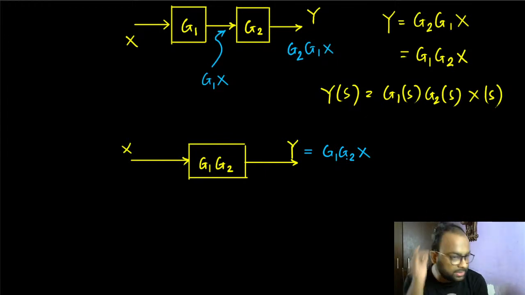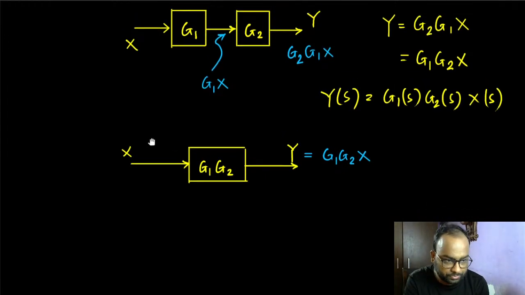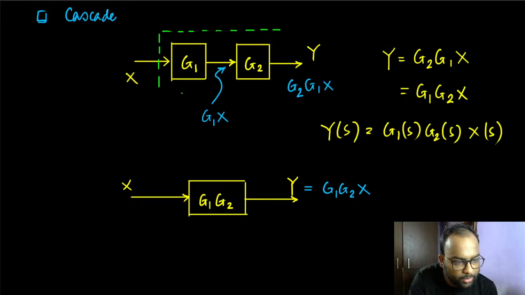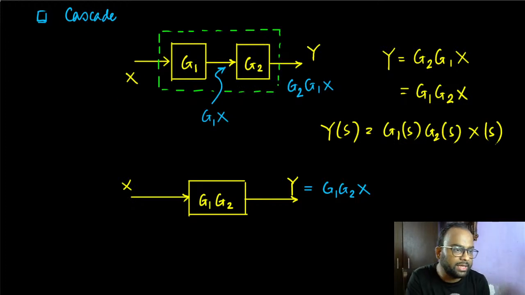And you see that since we are using a black box approach everywhere, we are only interested in the whole thing. x is the external input appearing here, and y is the external output, and this thing that I have drawn in this dotted green box, g1 and g2, are the constituent parts of this box.